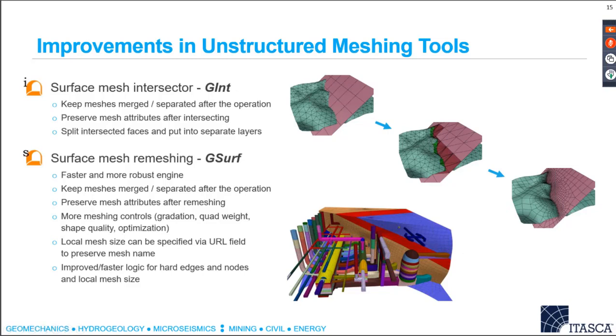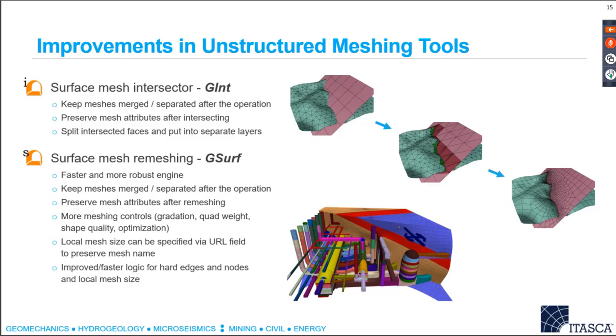About improvements in these tools, Surface Mesh Intersector received several improvements. First of all, it's the ability to keep meshes either merged or separate after the operation. If you used Griddle 1.0, you probably remember that after doing surface mesh intersection, you will get one fully merged mesh, and that mesh would lose all the mesh attributes such as name, color, and so on.